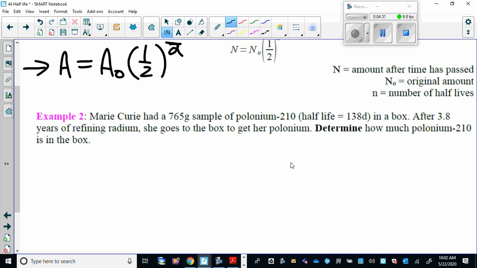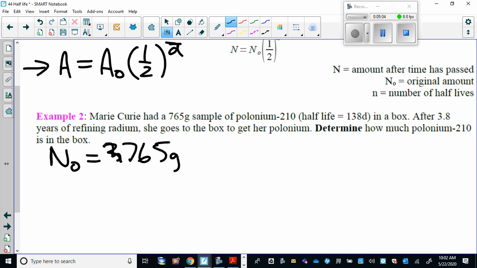Let's do this example. Example number 2. Marie Curie had 765 grams of polonium, which has a half-life of 138 days. After 3.8 years of refining uranium, she goes to the box to get her polonium. Determine how much polonium there is in the box. So the initial amount, N naught, equals 765 grams.